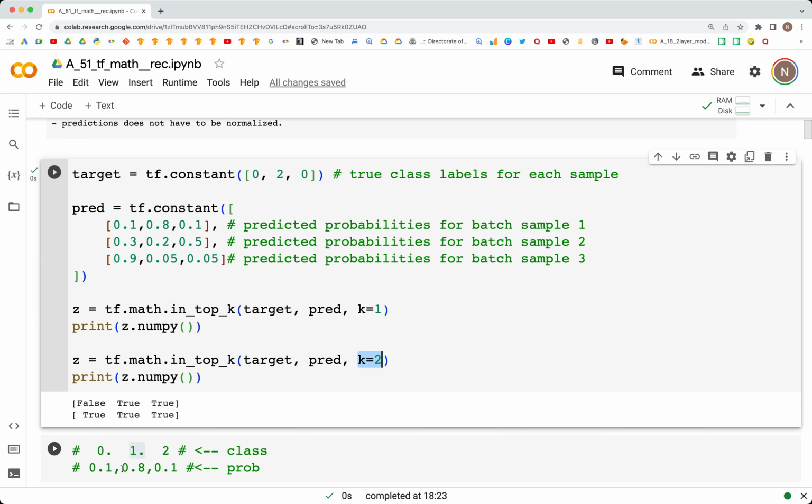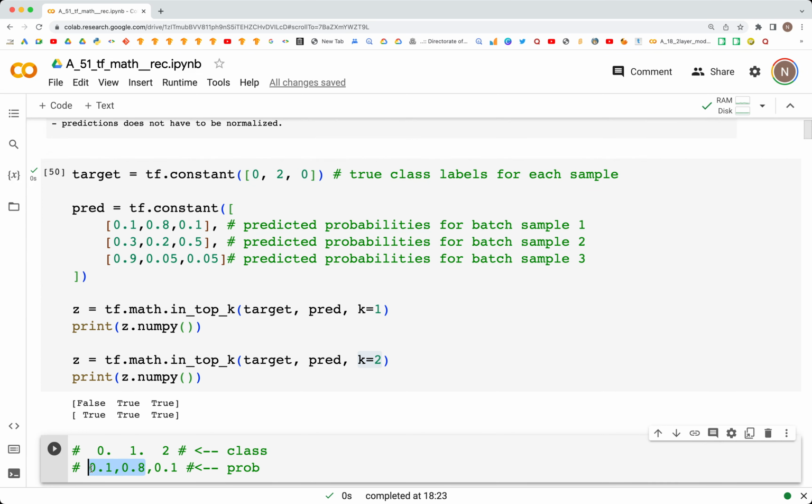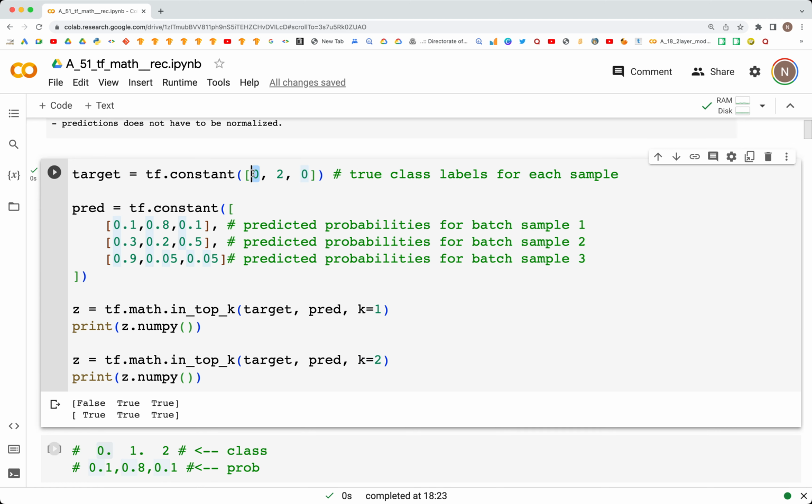And so in this case, the 0.1 and 0.8 are the top 2 probabilities, and therefore we can say that class 0 is among the top 2 classes predicted, and so it would match the true class, and therefore we would get true here in the output.